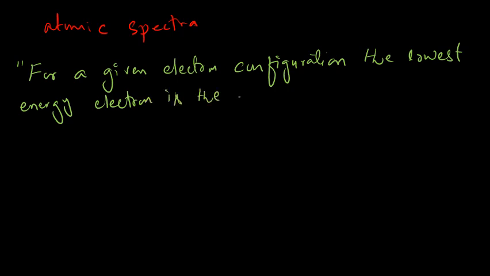Which will be the lowest energy electron? The lowest energy electron is the one with the greater value of multiplicity.